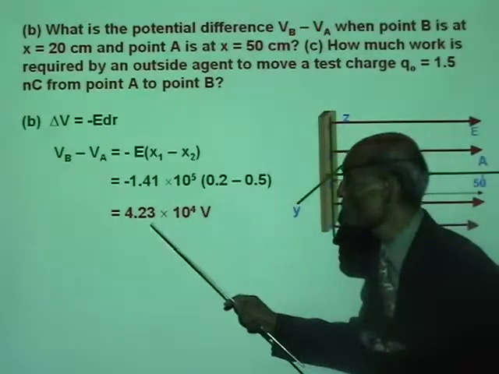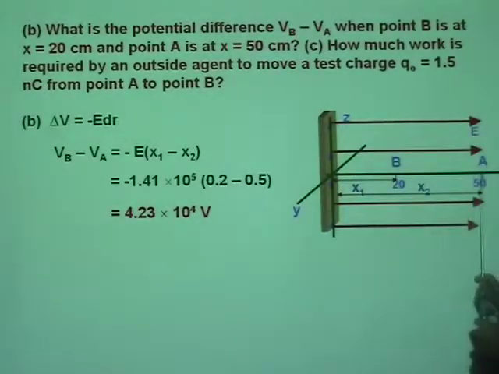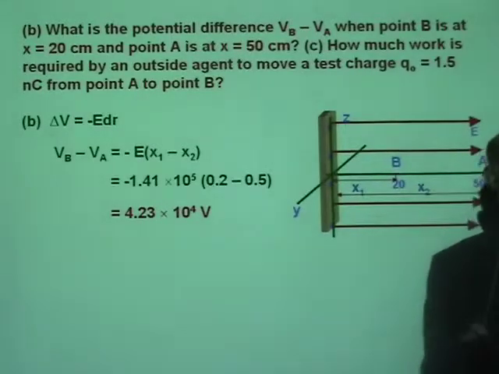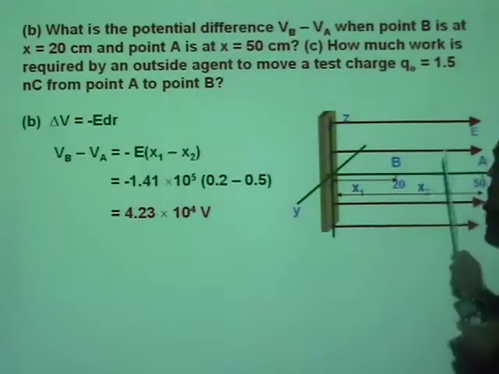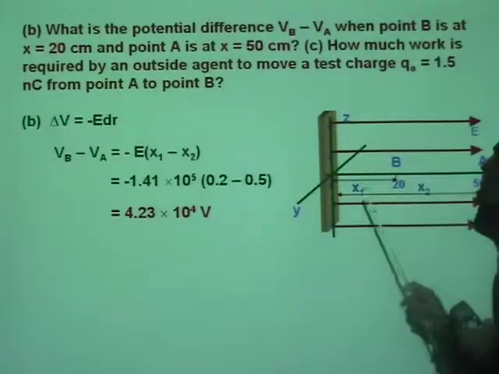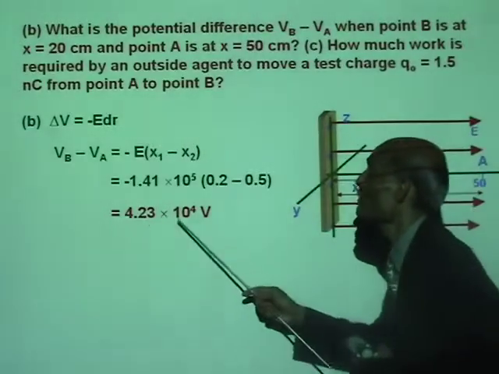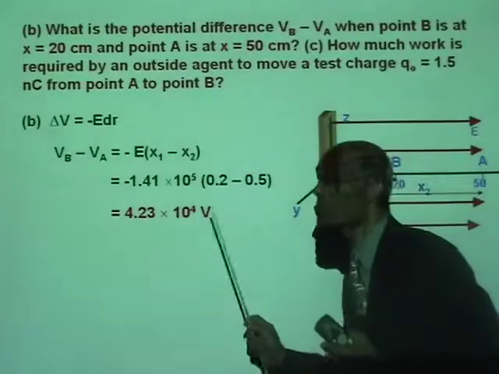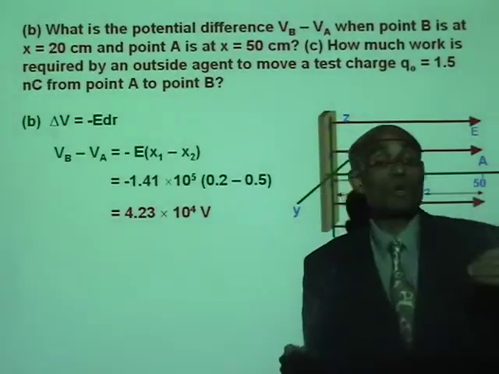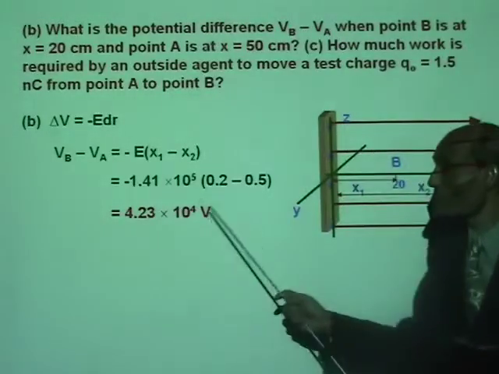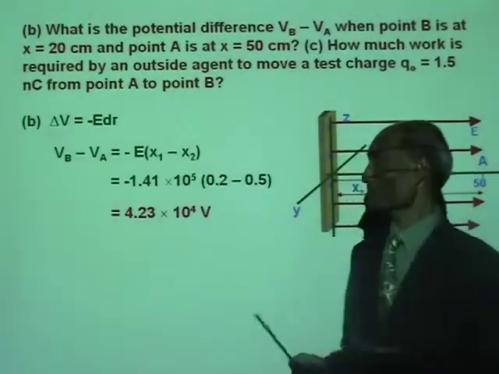So, this potential difference between A and B means in order to move a unit charge, that is 1 coulomb of charge, from A to B, we've got to do an amount of work 4.23 times 10 to the 4. You see, volt means joules per coulomb, work done per unit charge. That is the meaning. You must understand that.